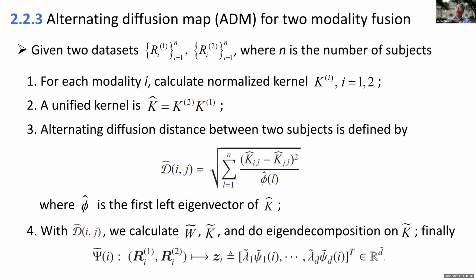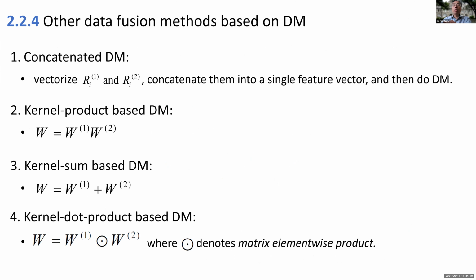Using this approach, we can combine the information from the two connectivity matrices corresponding to two modalities. There are also other ways to combine the information from the two modalities. For example, we can simply vectorize the connectivity matrices R1 and R2, and then concatenate them into a single vector, followed by diffusion map.